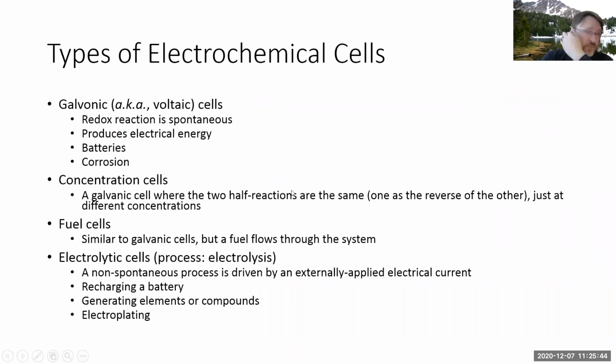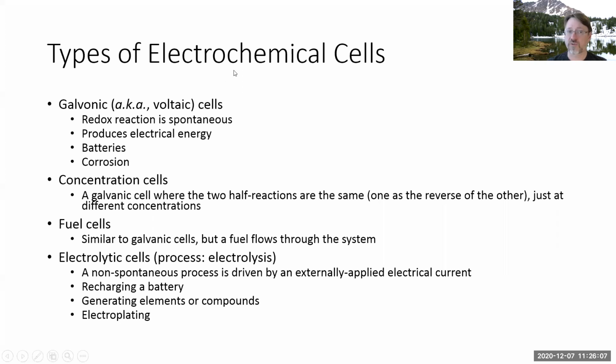Okay, there are several different types of electrochemical cells, and being able to tell the difference amongst these is going to become important. So the first type is a galvanic cell, also known as a voltaic cell, and that's the kind I just showed you. This is a case where the redox reaction is spontaneous.